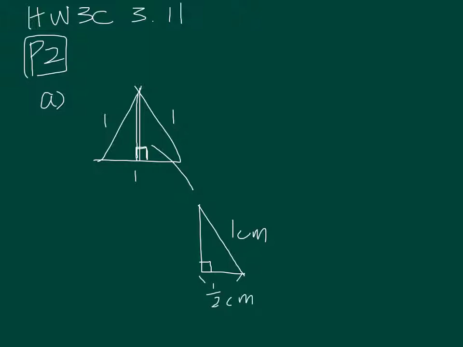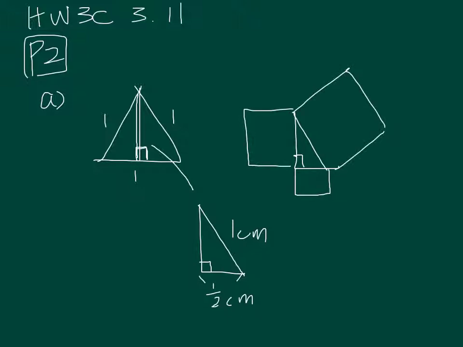And then as you know, we can use the Pythagorean theorem. We can make a square out of each segment. And again, the area of the smaller one plus the middle one should be the biggest one.